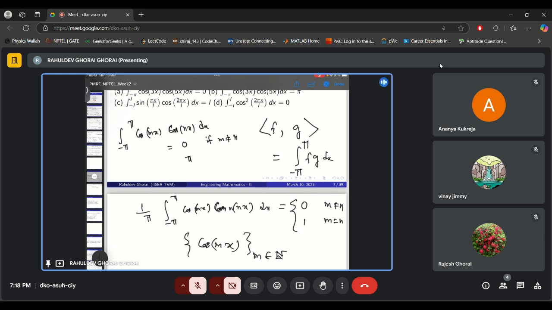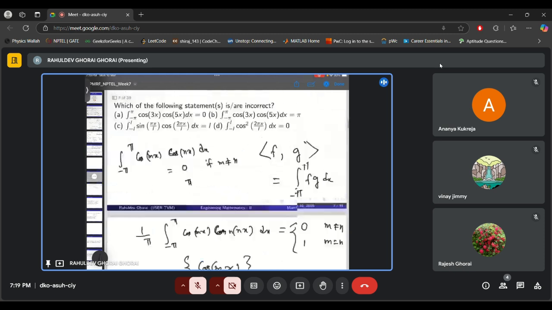So cos mx will be like an orthonormal set of basis vectors. Mainly they can give you the whole space; the set of all cos mx type functions will give you the whole space.